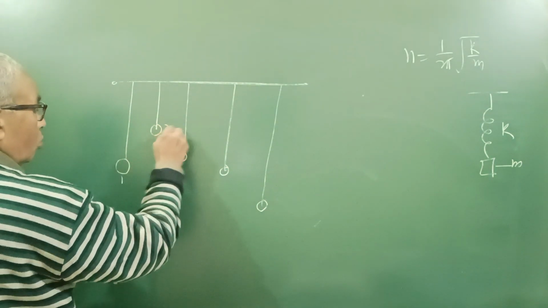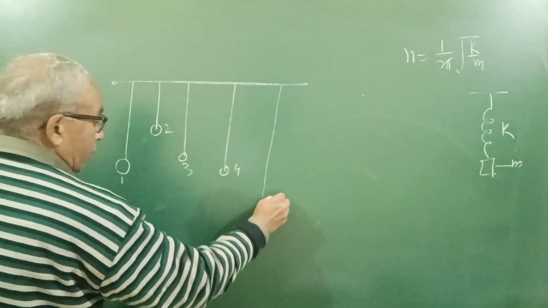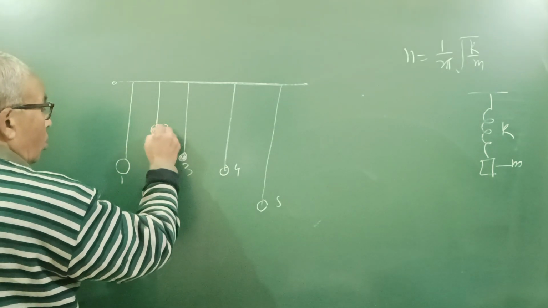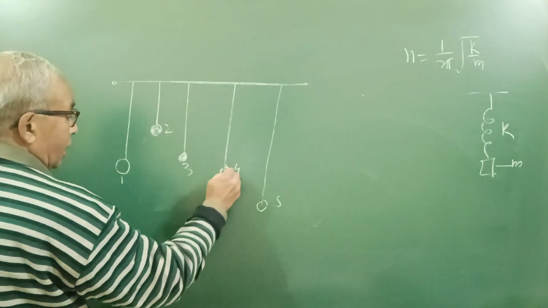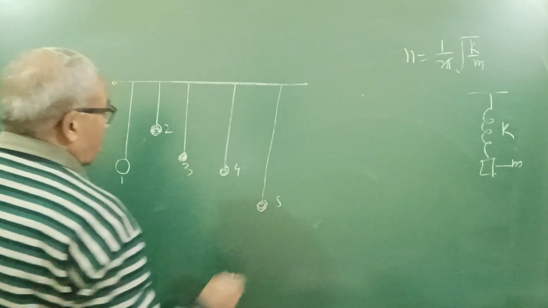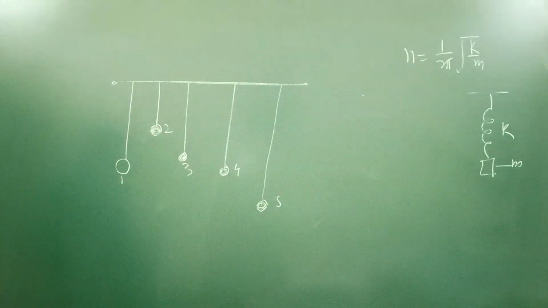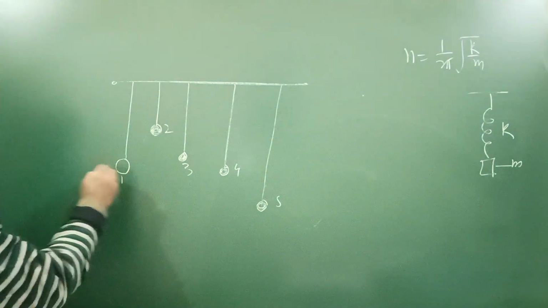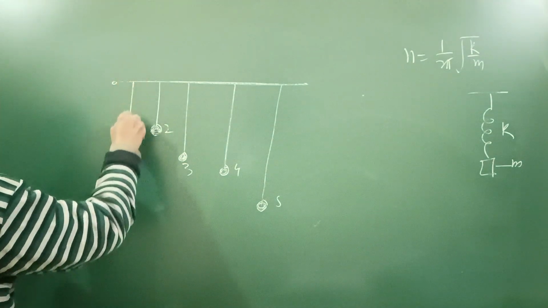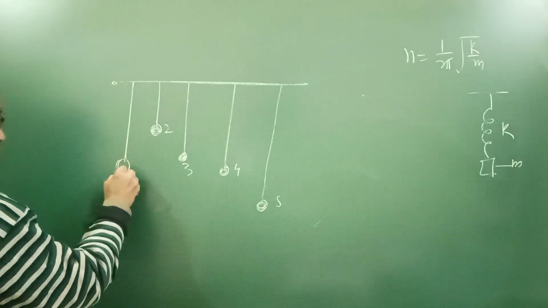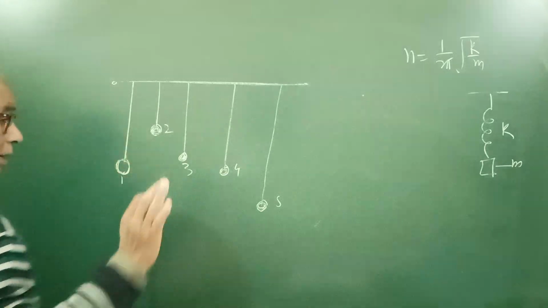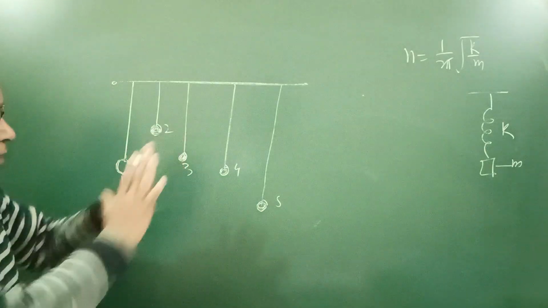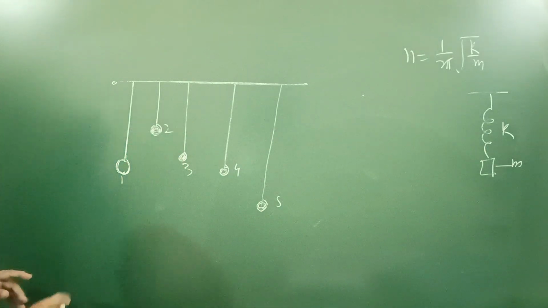These are simple pendulums of assorted, mixed lengths. 1, 2, 3 have different lengths. Now, when we make pendulum 1 oscillate, you please read from the NCERT book.